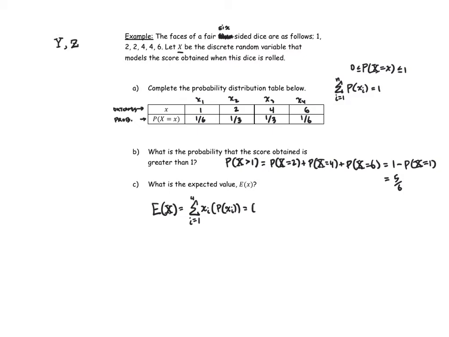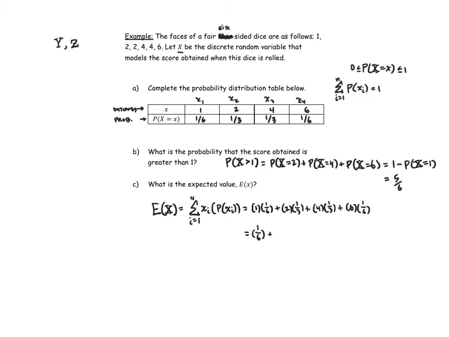So that means I'm going to take 1 times 1/6 plus 2 times 1/3 plus 4 times 1/3 plus 6 times 1/6. This will give us our expected score if we rolled the dice once. Now, it might not come out to be one of these values, but it'll locate that value. It could come up to between 2 and 4. I'm going to guess it comes out to be 3, right? So 1 times 1/6 is 1/6.